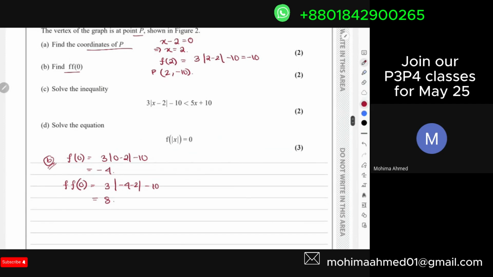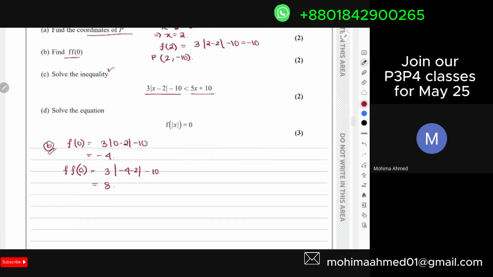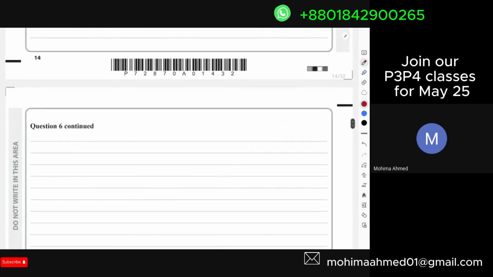And then again, after this, solve this inequality, this quadratic function less than the straight line, right? So again, I do not exactly know if this is a positive function or negative function, so I have to do a piecewise function again. So we have your equation as 3x minus 2 modulus minus 10.